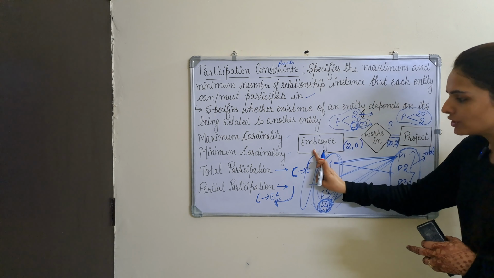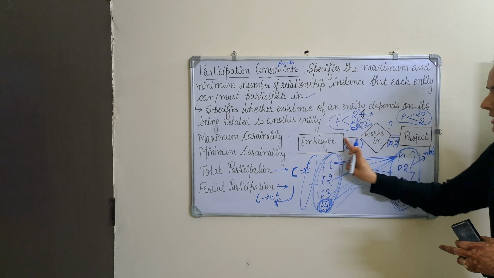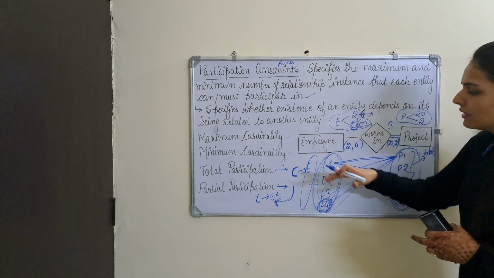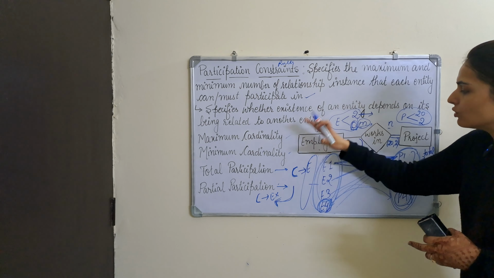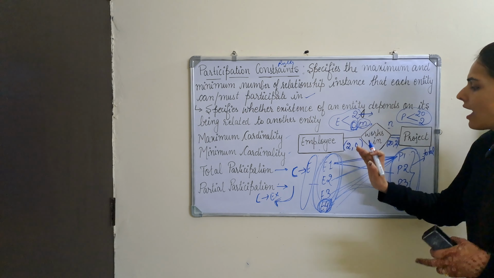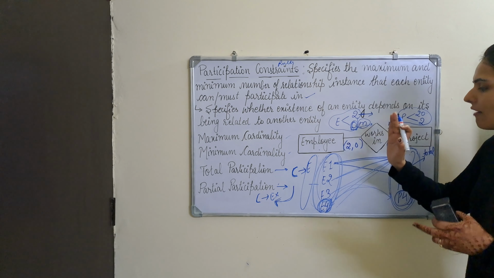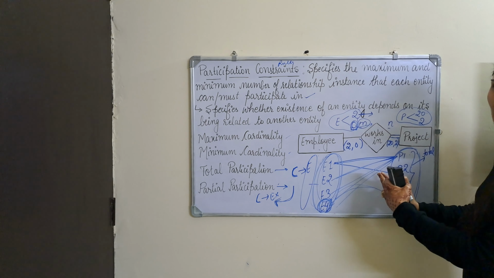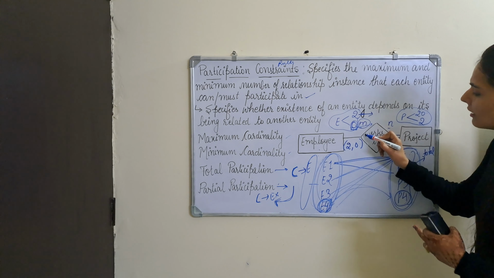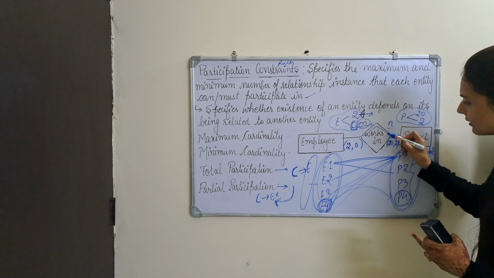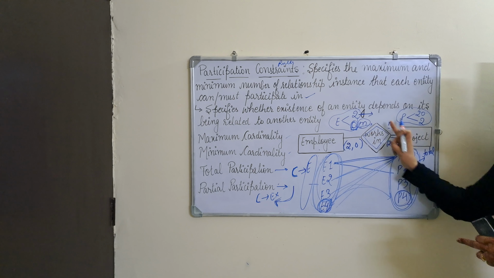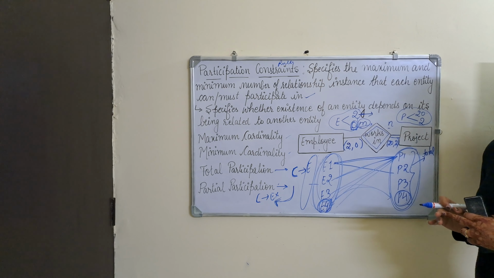However, for partial participation, we have a single edge, right? And whenever one entity set has total participation and the other entity set has partial participation, and those two entity sets are linked with a relationship type, then that relationship set is represented with a double diamond instead of a single diamond.